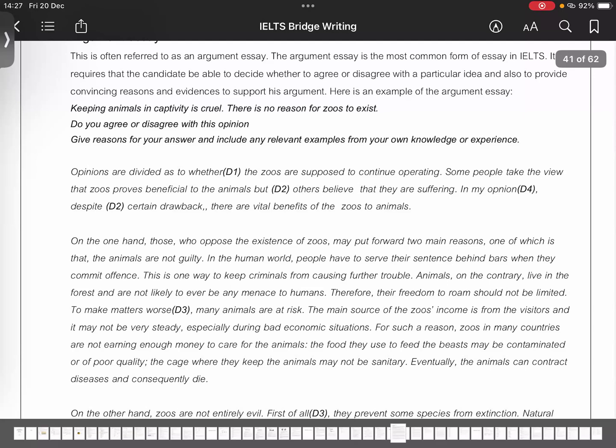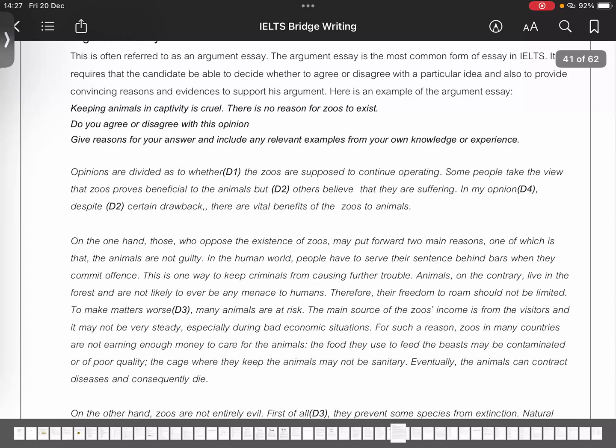Okay, but the statement that matters the most is your opinion, and that is the final sentence in this paragraph. So it says, "In my opinion, despite certain drawbacks, there are vital benefits of the zoos to animals." Okay, so this last statement here is your opinion.